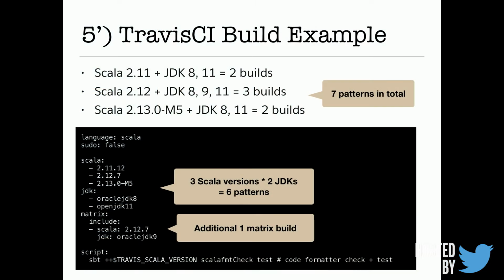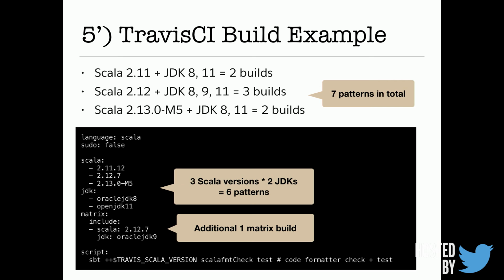This is a quite simple example to show a real example of cross-builds, matrix builds, sorry. You can see the 3 Scala major versions and the 2 JDK versions. So in this case, 6 patterns will be supported. For all 6 patterns, the same build script will run. And not only that, you can have additional patterns like this.